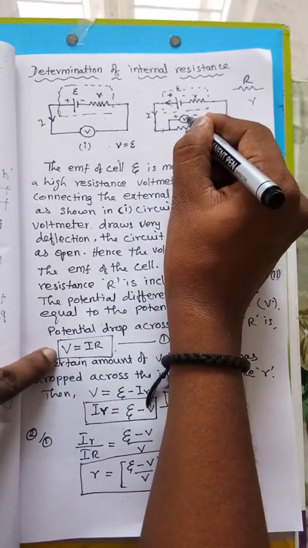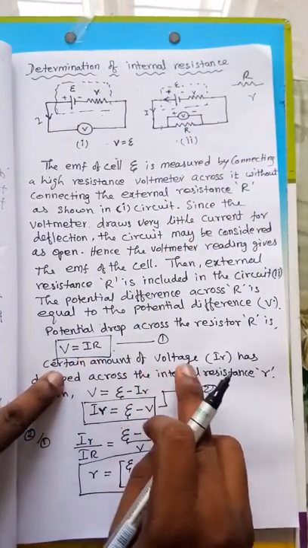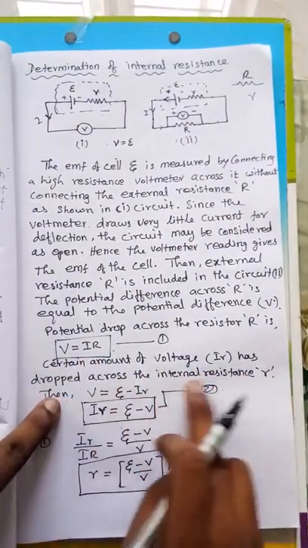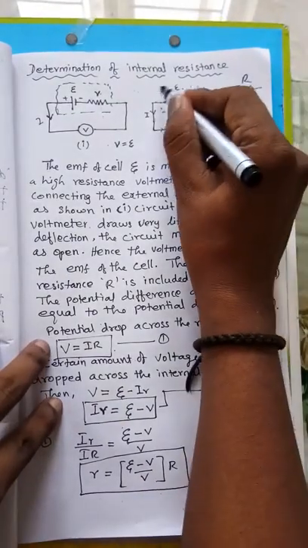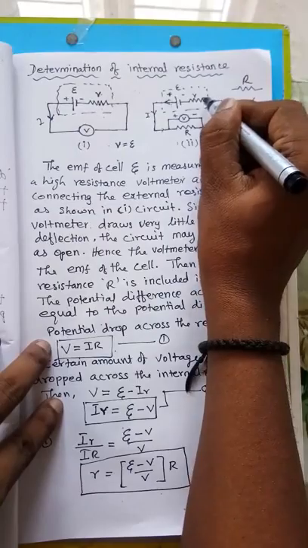A certain amount of voltage is also dropped across the internal resistance, since the same current passes through the internal resistance.